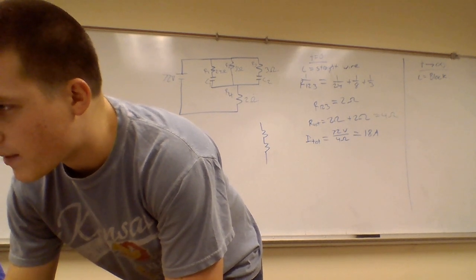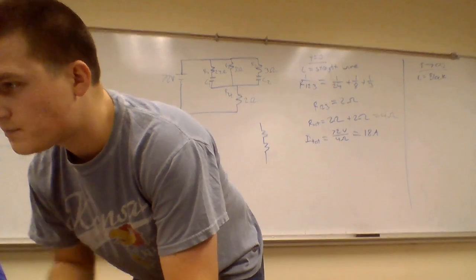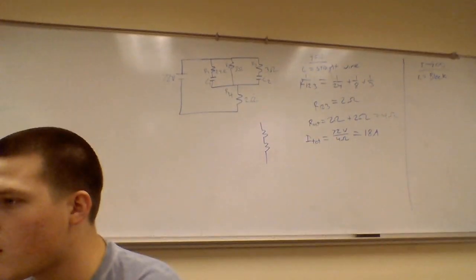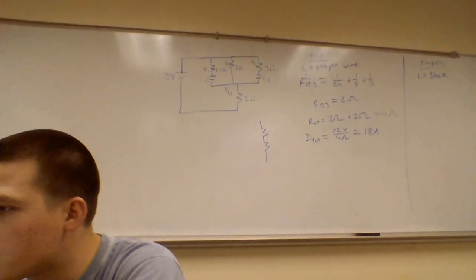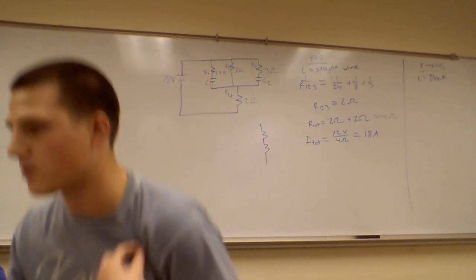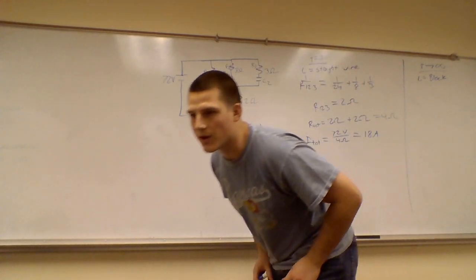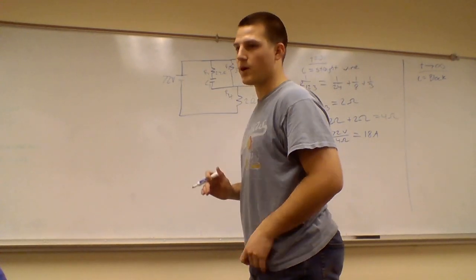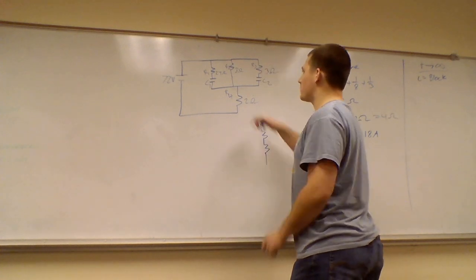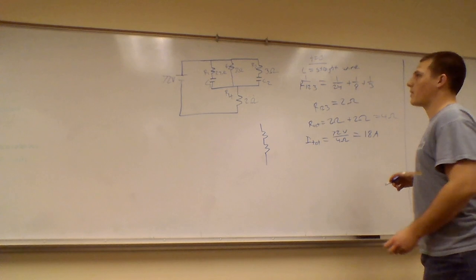The voltage across capacitor C1 as t goes to infinity. So let's see. Actually, let's do this other one that is at t equals 0. So the current through R1 at t equals 0. Okay, so what you have to do first is find the voltage across the top part.